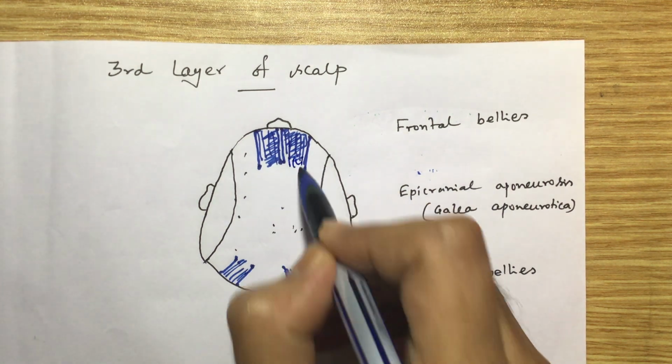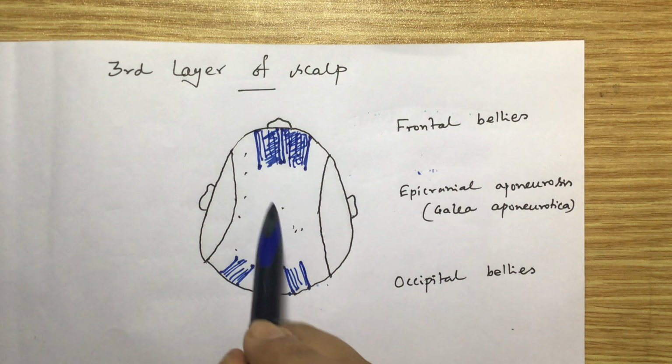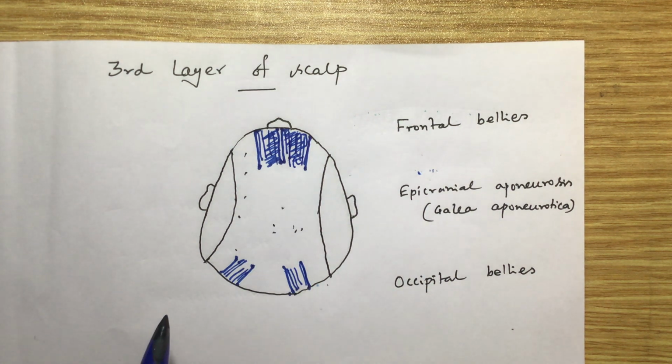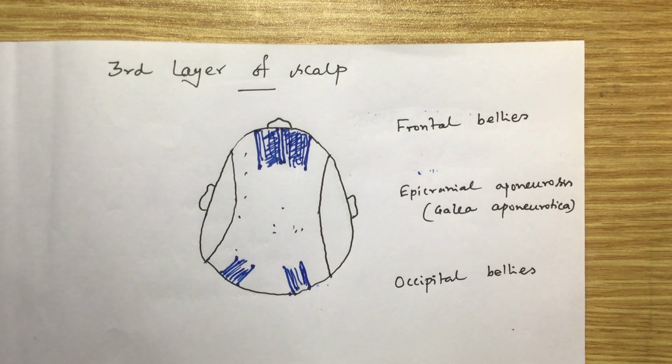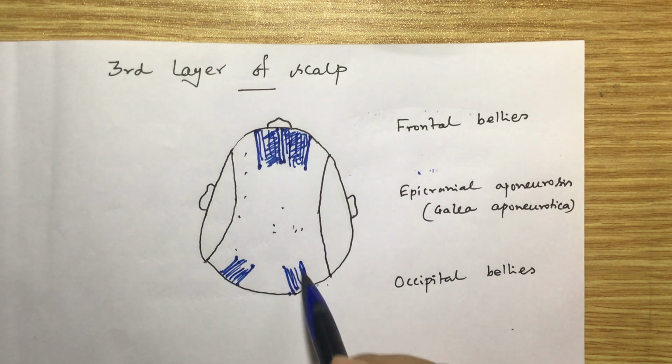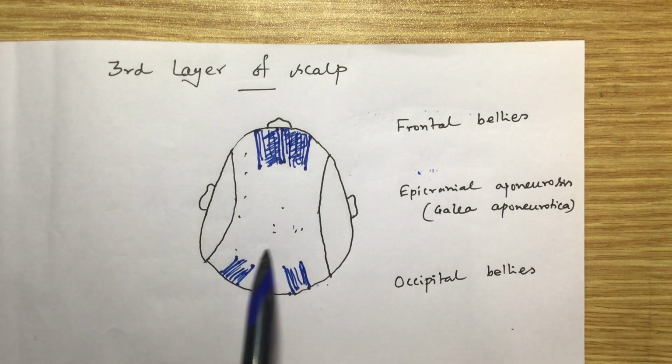Posteriorly, these frontal bellies are attached to the epicranial aponeurosis. Whereas the occipital bellies have a posterior attachment at the highest nuchal line, and anteriorly it is attached to the epicranial aponeurosis.